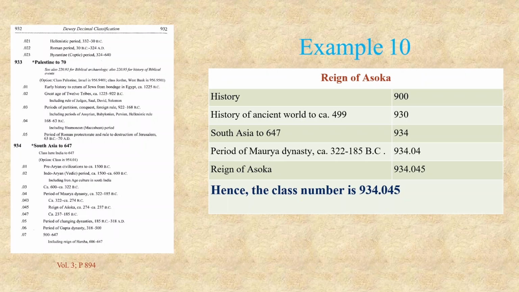Reign of Ashoka is specially listed as 934.045. So confirm the ready-made class number. Since 934.045, reign of Ashoka, is explicitly available in the schedule, no further synthesis is required for this title also.